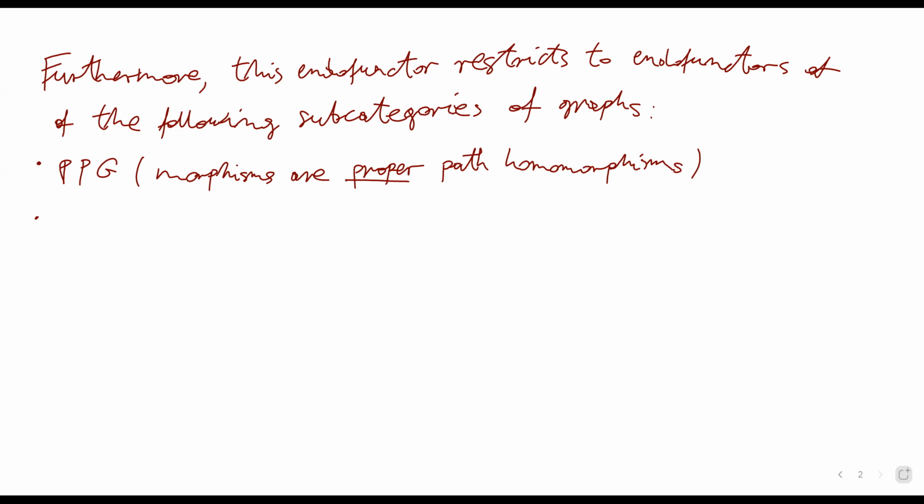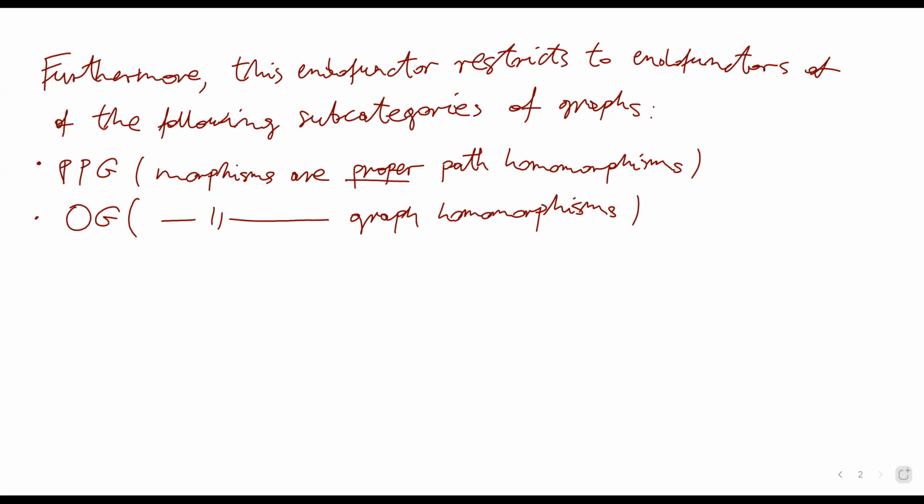Now, OG. So this is this category of graph homomorphisms. Okay. So morphisms are graph homomorphisms. So this means that not only I map vertices to vertices, but also I map edges to edges.